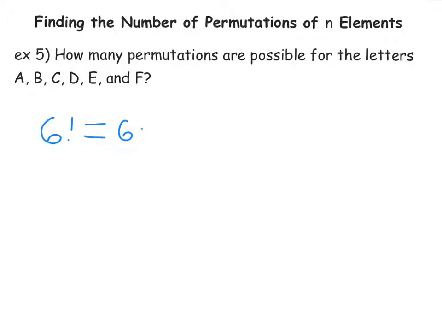If you think about how this formula works, you have 6 possibilities for what letter could go first. You can only use it once, so that one's out. So you have 5 possibilities for the second, then 4, then 3, then 2, and by the time you get to the sixth letter there's only one possibility, the only letter that's left. There are 720 different ways you could rearrange those letters.